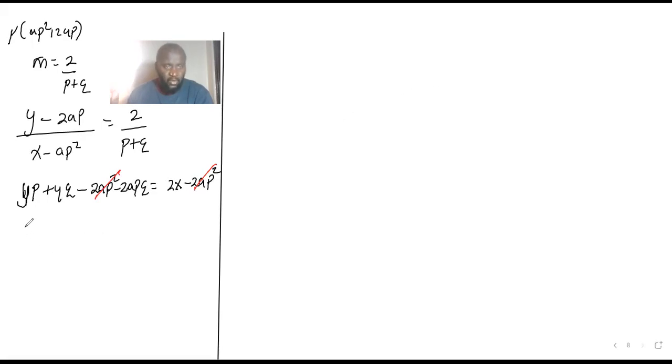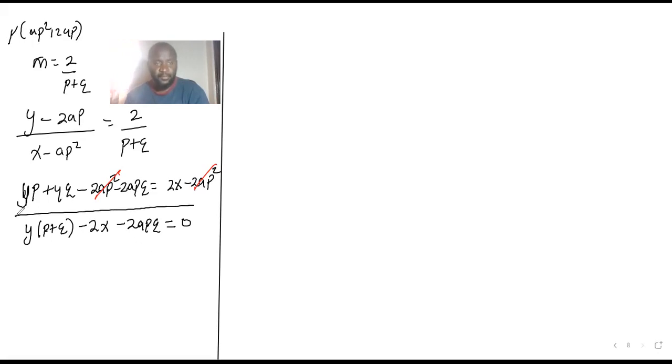We shall have y(p plus q) minus 2x minus 2apq is equal to 0, which is the equation of the chord.